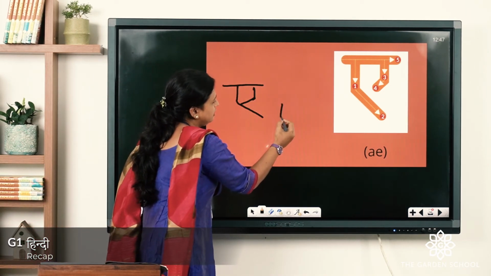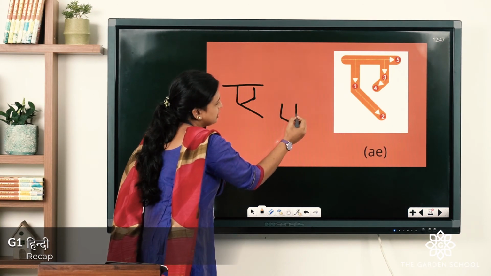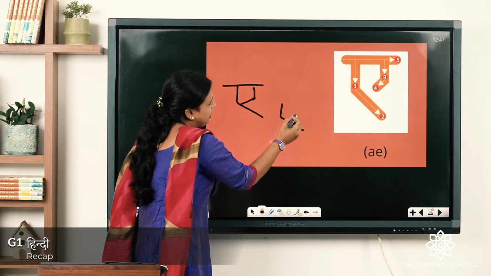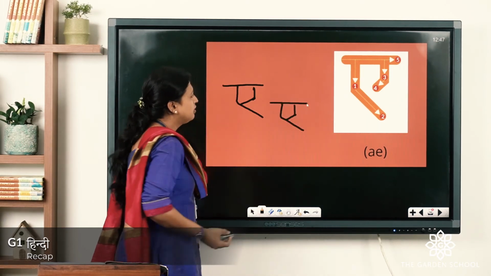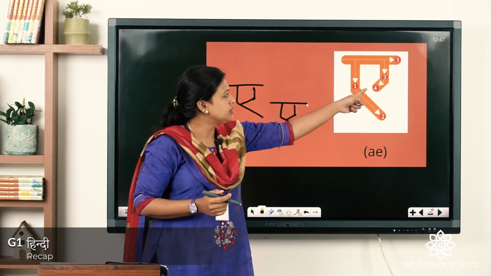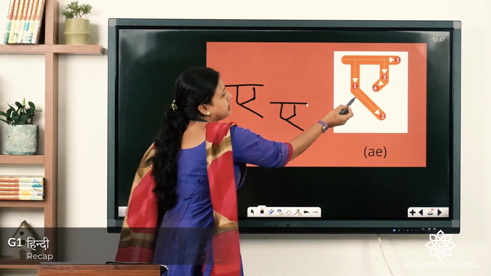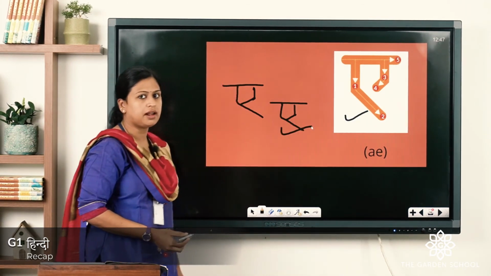Short standing line, a slant line, then a short standing line and a slant line touching here. There are two ways to write A. In one, this slant line is not touching here. This is also correct and this format is also correct.